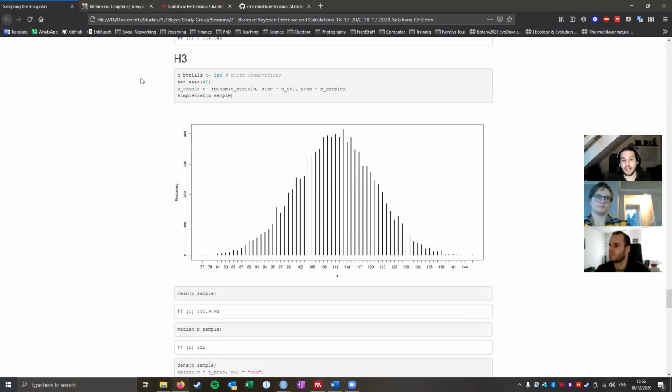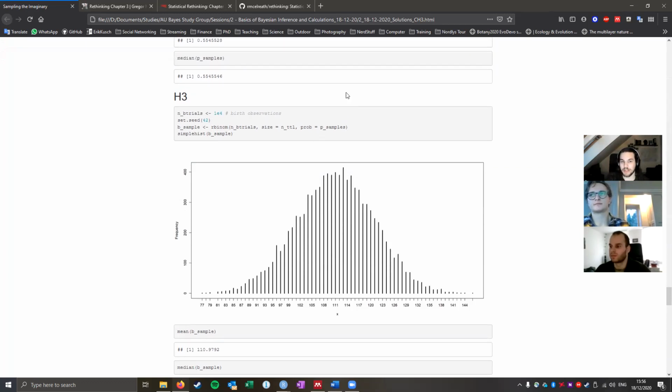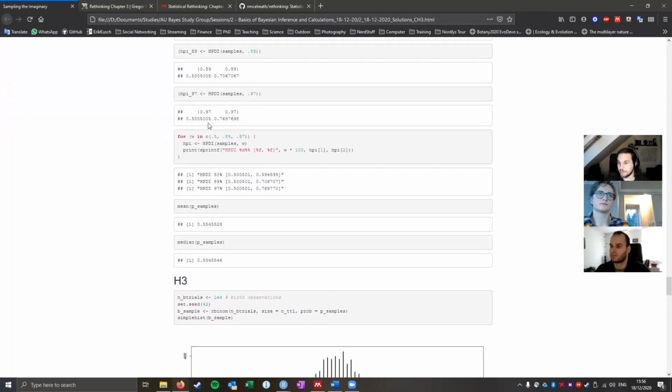What I've done for this is I've set n birth trials, so birth trials, to just 10,000. I'm setting a seed because I want this to be reproducible. I am generating random numbers from a binomial distribution with 10,000 trials, for the total births for each trial being 200 in this case, and then p_samples is just what I obtained up here.